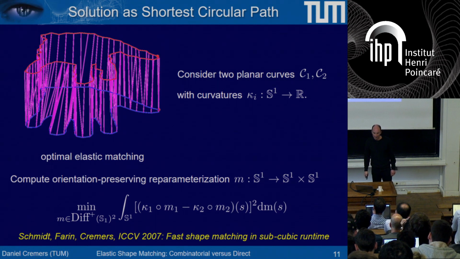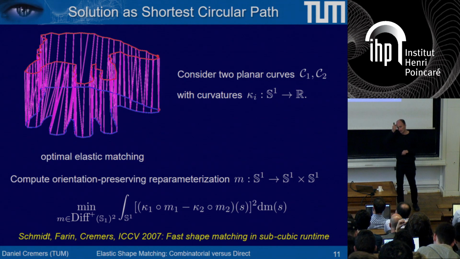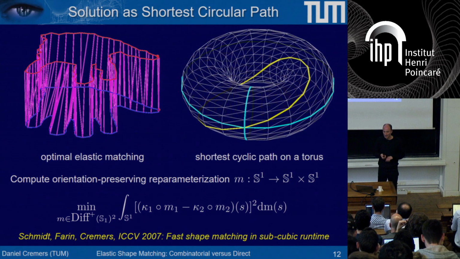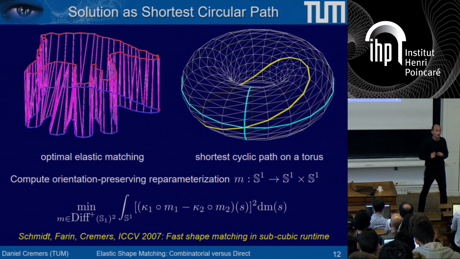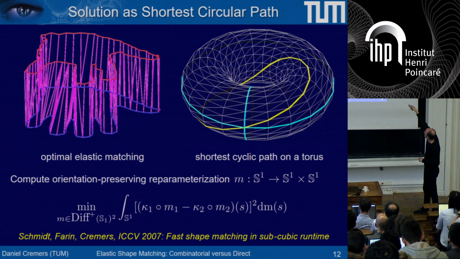And for me, what is helpful is to visualize a little bit what is, geometrically speaking, the problem that we're solving here. And you can see it as finding a shortest cyclic path on a torus, where this circle corresponds to the points on the blue hand, for example. This circle corresponds to the points on the red hand.